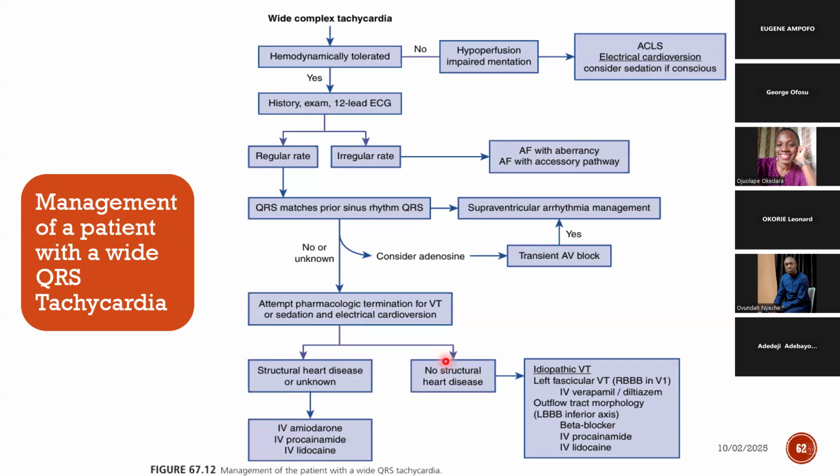And for patients who have no structural heart disease, the VT will usually be considered idiopathic, and the treatment of choice will be either IV verapamil or diltiazem when they have a right bundle branch morphology in V1, or IV procainamide, IV lidocaine, or beta blockers when the QRS complex is predominantly of left bundle branch morphology.